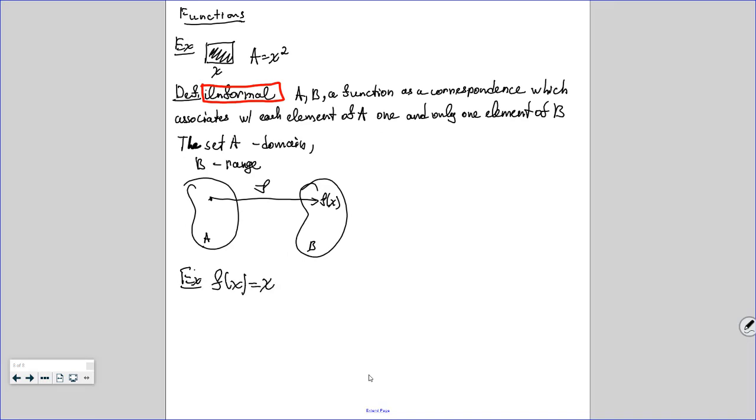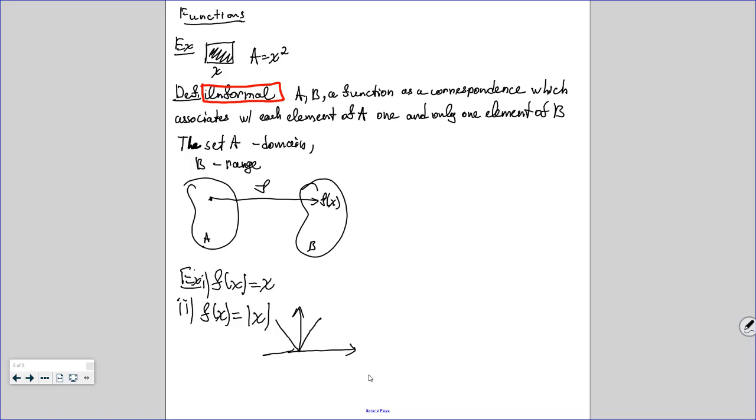So it takes x and gives us the same element. The other simple function is the absolute value of x. If we try to graph it, it looks something like this.